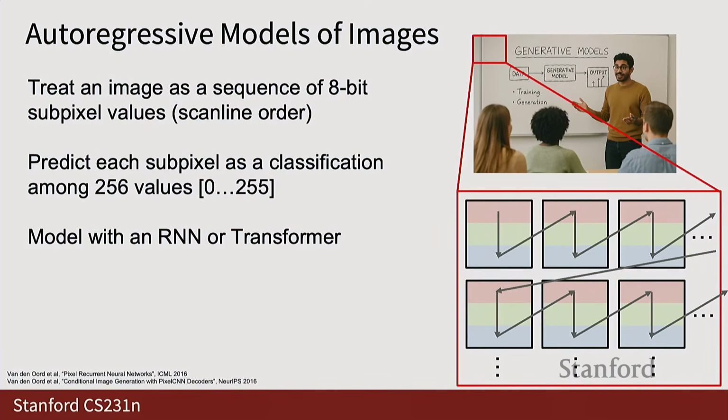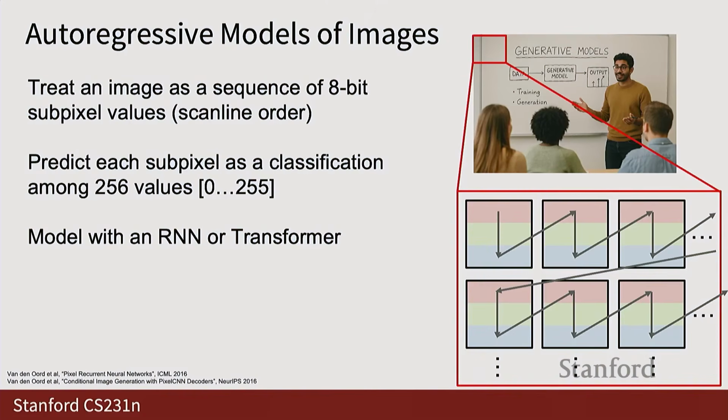Most JPEGs or PNGs, most of the file formats we use to store images, are typically 8 bits per channel. So there's only a fixed number of values that each pixel can take. A single byte is an integer from 0 to 255, so a pixel is just three integers, each from 0 to 255.